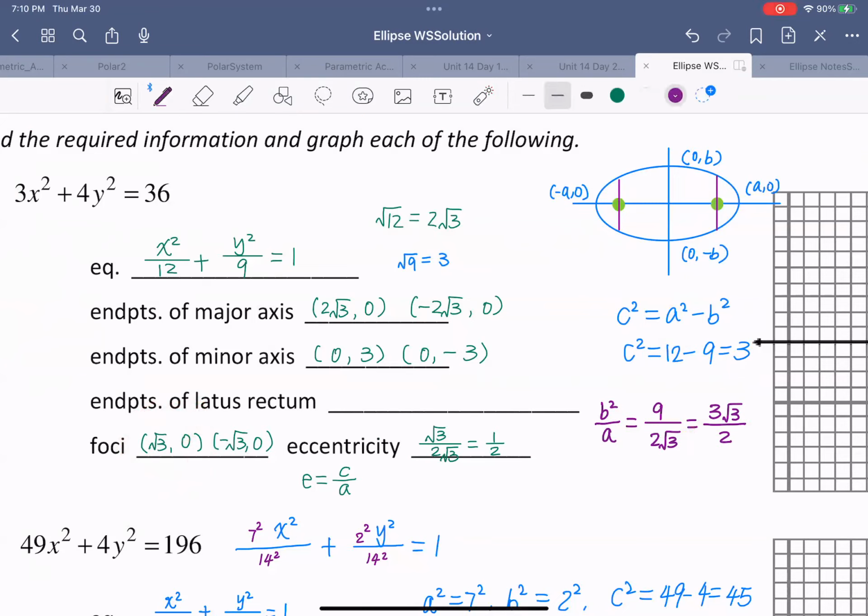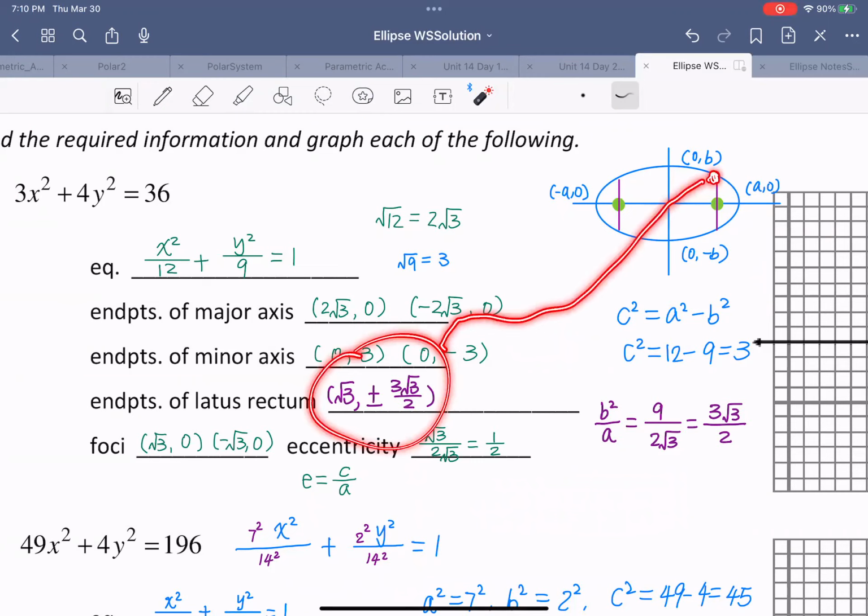To save our space and time, we will have square root 3 plus or minus 3 times square root 3 over 2. This is corresponding to the point here and the point here. The positive is this guy. The negative y is for this point.